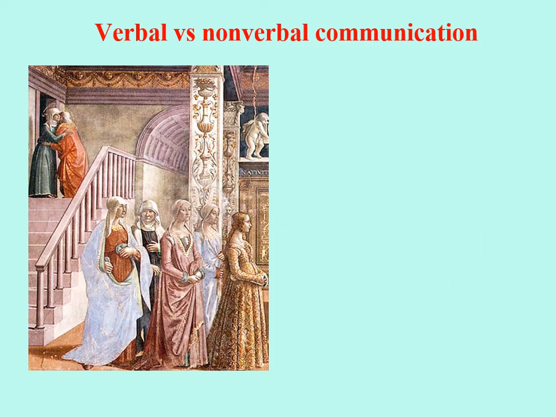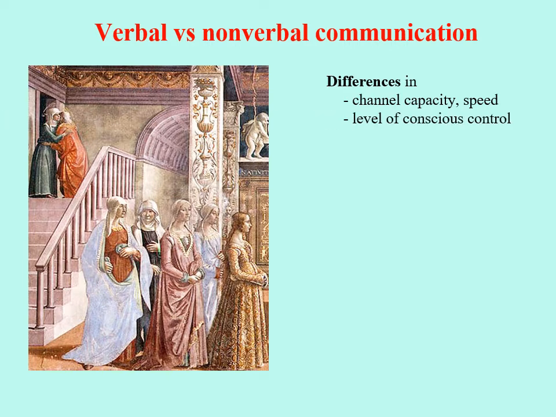Now, let's look at the two major components of communication we're going to study, verbal and nonverbal communication. These two communication mediums differ in a number of respects. They differ in channel capacity and speed.